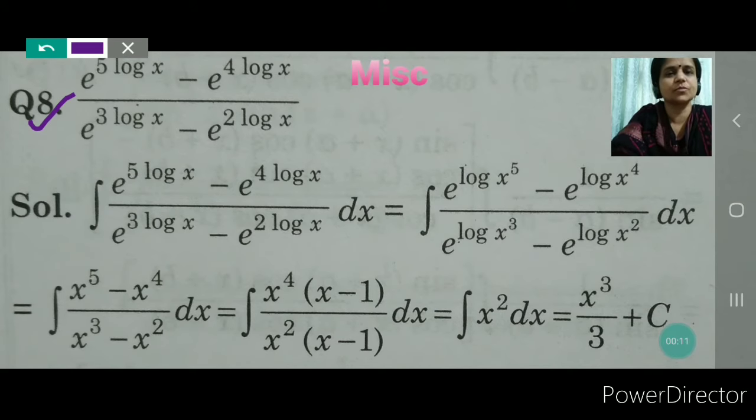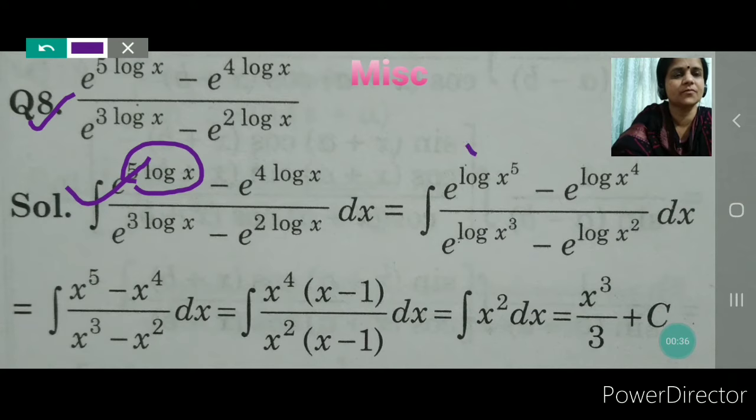The question is, find the integration of e raised to 5 log x minus e raised to 4 log x by e raised to 3 log x minus e raised to 2 log x. To solve these questions, first of all write e raised to log x raised to 5. Since it is 5 log x, it means 5 is the power of x.